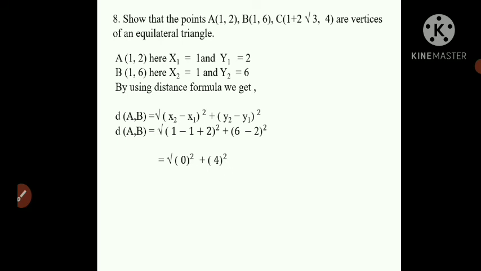The next step: 1 minus 1 is 0, so 0 square plus 4 square. 0 square is 0 and 4 square is 16. So we get the square root of 16, which is 4, as statement number 1.